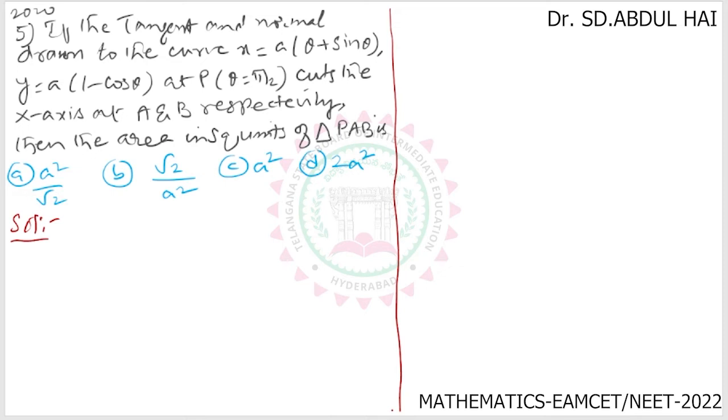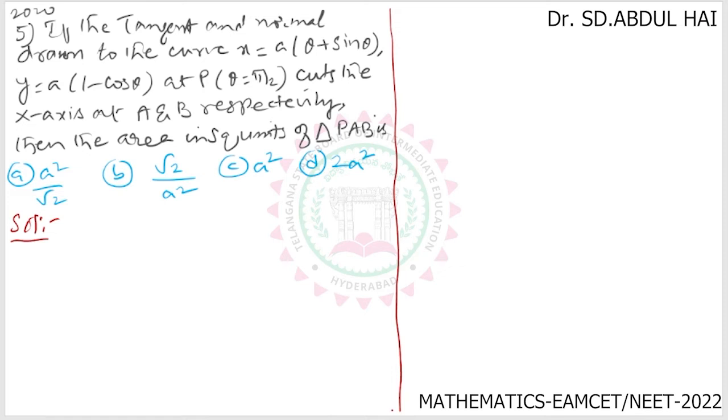This tangent and normal intersect the x-axis at points A and B respectively. Since we already have the point P, it makes a triangle PAB, and he is asking for the area of this triangle.